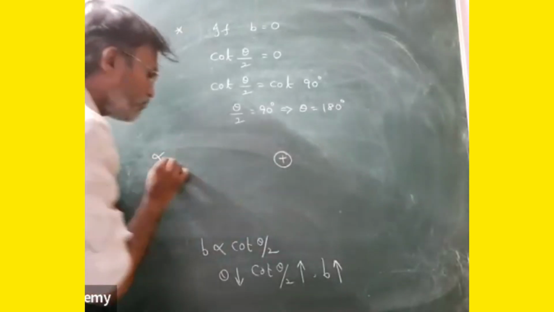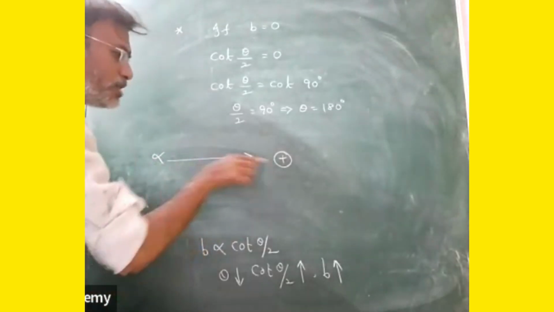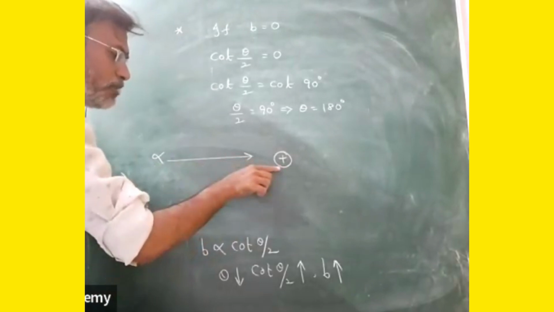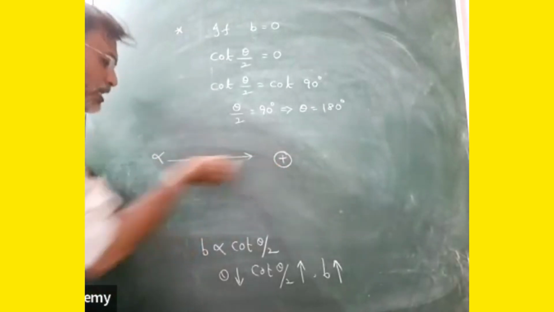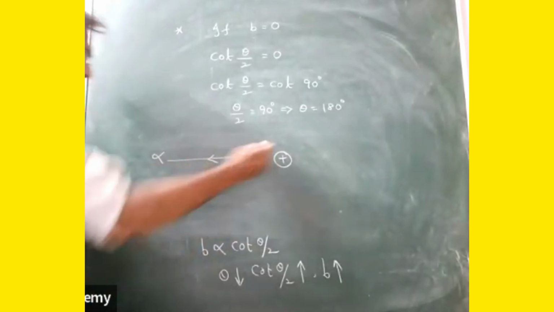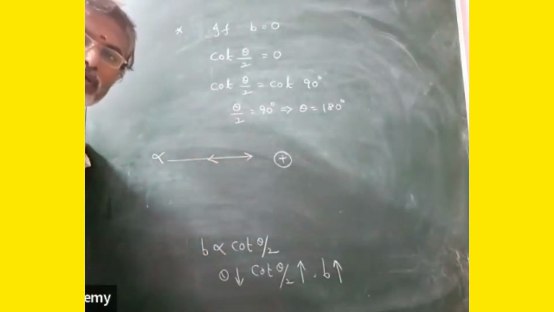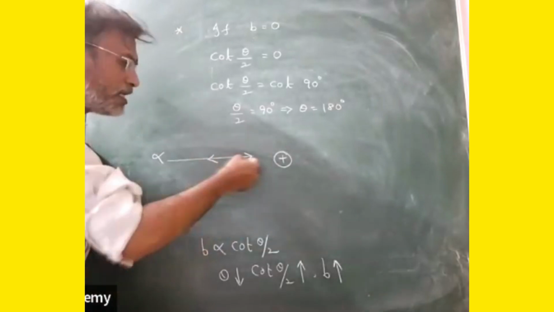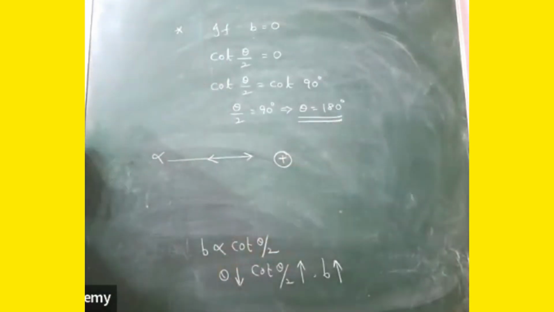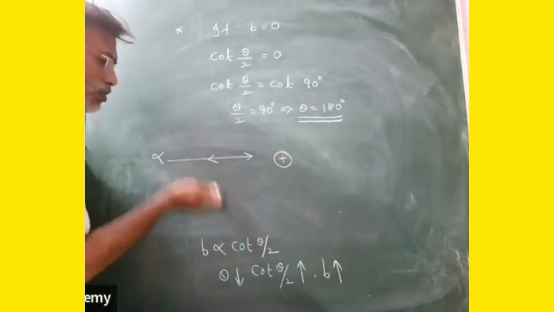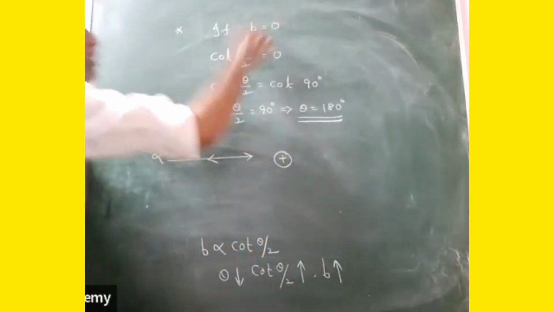If an alpha particle is moving in this direction and comes close to the nucleus, the positive charge repels it, so the alpha particle moves back in the backward direction, retracing its path. At that moment theta is 180 degrees. Then there is no particular perpendicular distance. That's why the impact parameter is equal to 0.